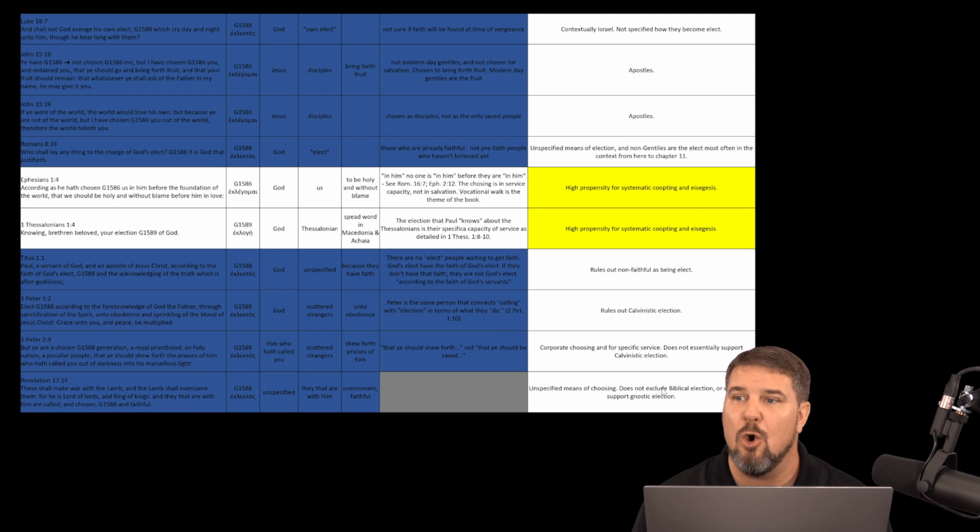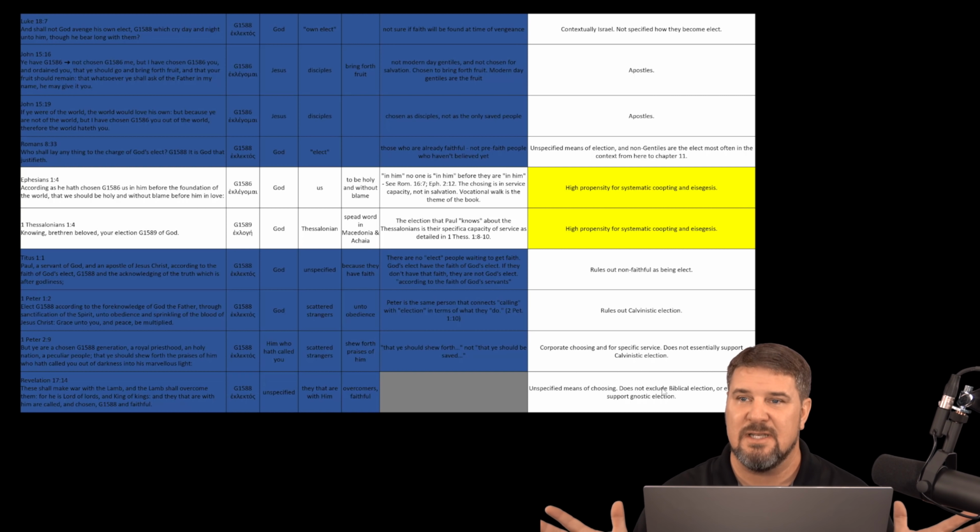And I also need to know why I ruled the other ones out, which you could explain on a case-by-case basis. And here I have Ephesians 1:4 and 1 Thessalonians 1:4. Should be easy to remember those passages, those addresses. Because of the way these are worded, I have yellow comments over here. There is a high propensity for systematic co-opting and eisegesis. And on the second one, high propensity for systematic co-opting and eisegesis.